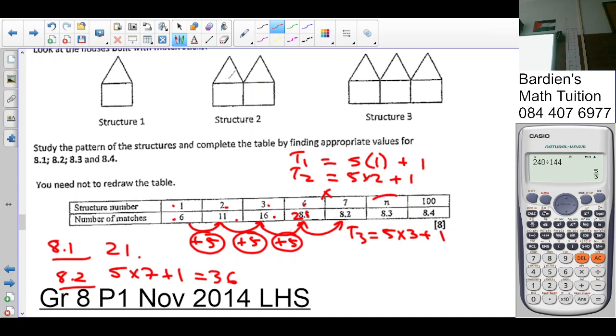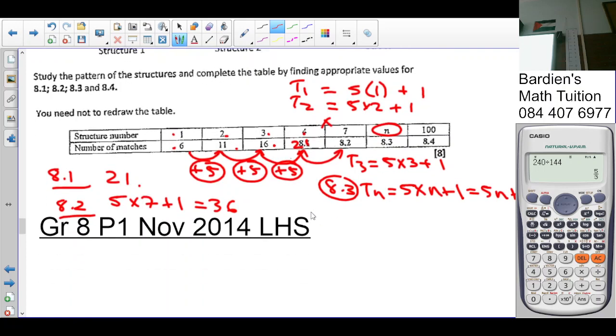In 8.3, we have n in terms of the structure number. So what would that be? Tn is equal to 5 times n plus 1, which is 5n plus 1. Then in the next one, you see it says 100, I think they changed this to 101.